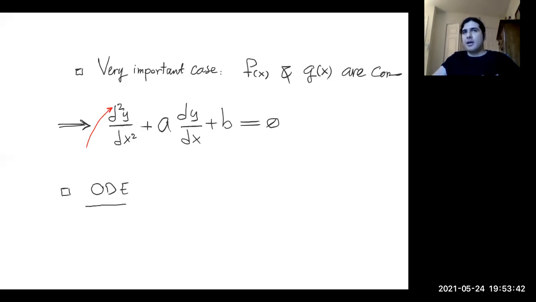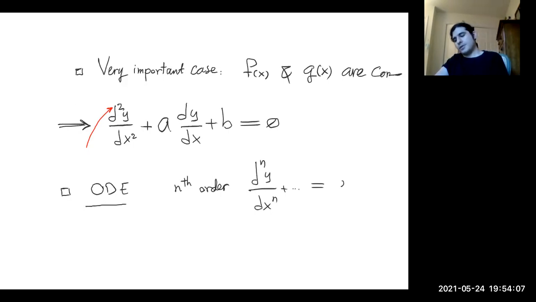Things we saw up to this point were first order. This is an example of a second order differential equation. In general, we can have an nth order differential equation: the nth derivative of y with respect to x plus lower derivatives equals 0.